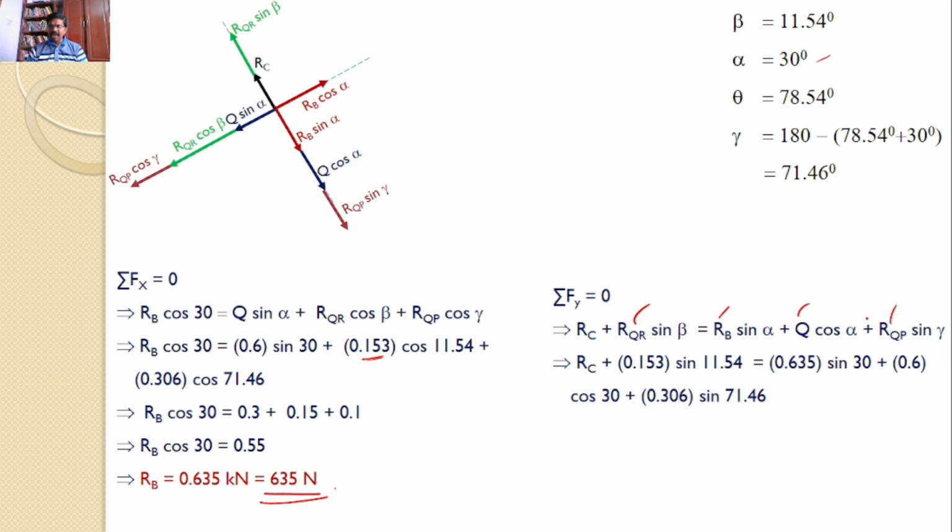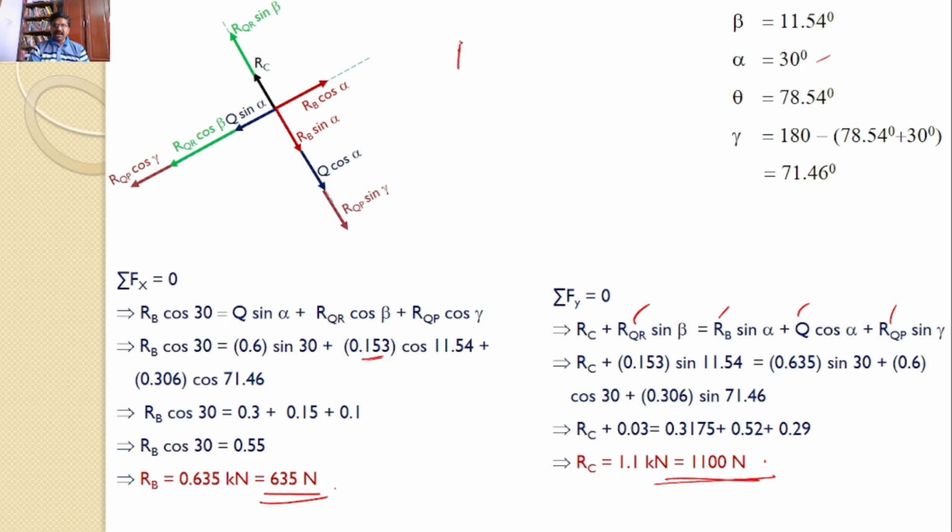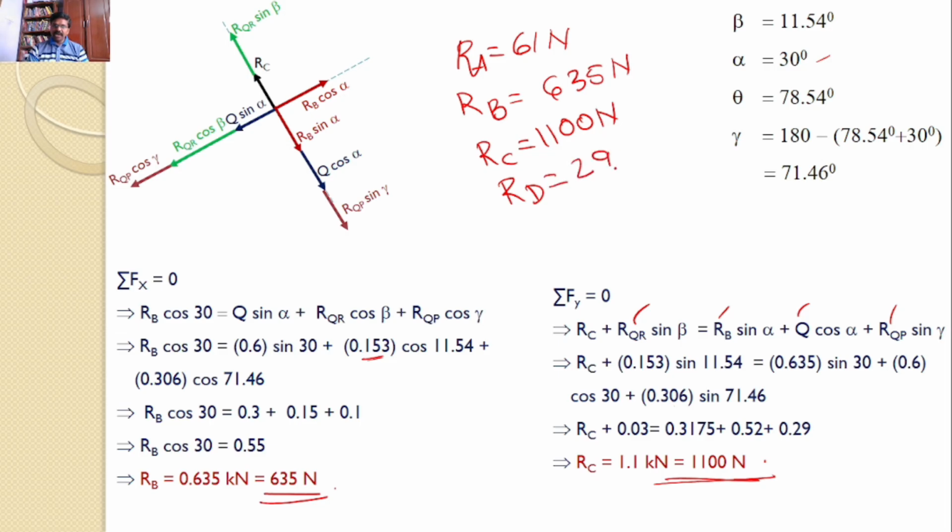And alpha, beta, gamma, all values are known. So by substituting all these values and upon simplification, I will get RC is equal to 1100 newtons. The answers are RA is equal to 61 newtons, RB is equal to 635 newtons, RC 1100 newtons, and RD 291.